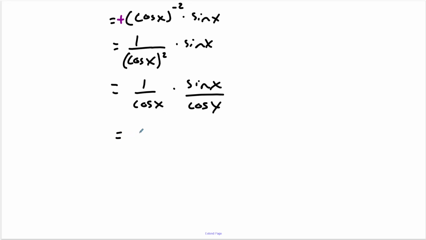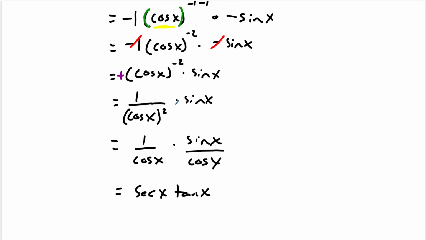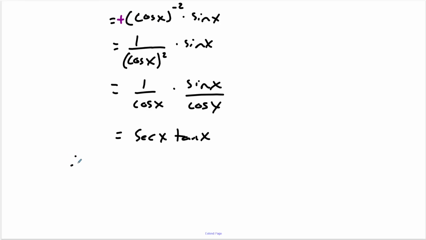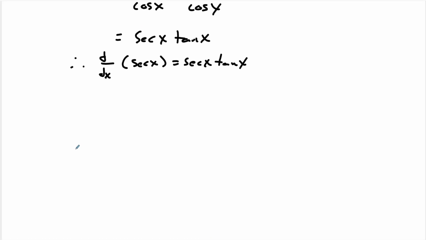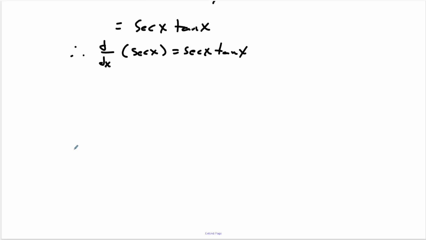So then we should get secant x, tangent x is our answer. Okay, so we can say, therefore, d dx of secant of x equals secant of x, tangent of x. Okay, so now let's do our final one for today, the derivative with respect to x of cotangent of x.